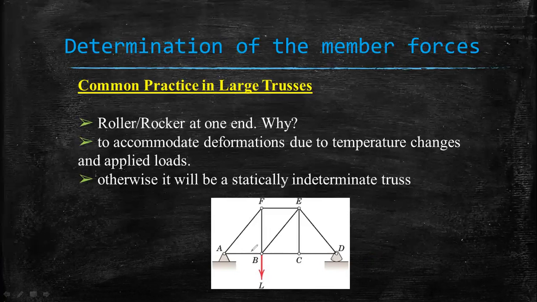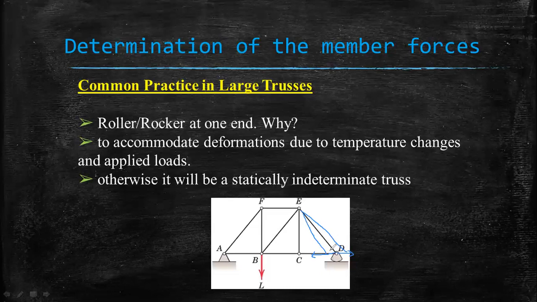So if they deform, they will go either in this direction or in this direction. In order to allow the whole structure to deform, we have to provide a rocker or roller at one particular joint, or one particular support. So that's why there is a basic practice to provide a roller or rocker support at one end.